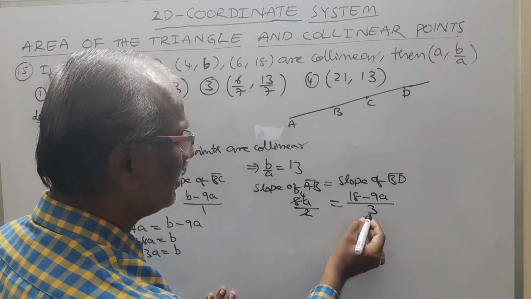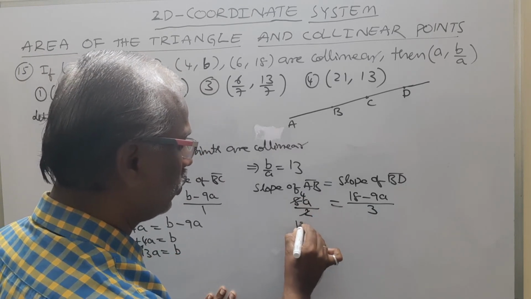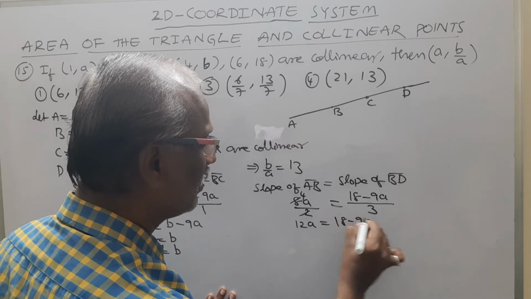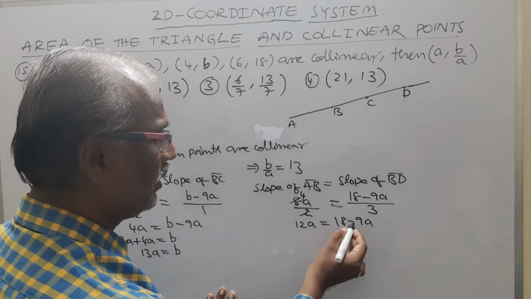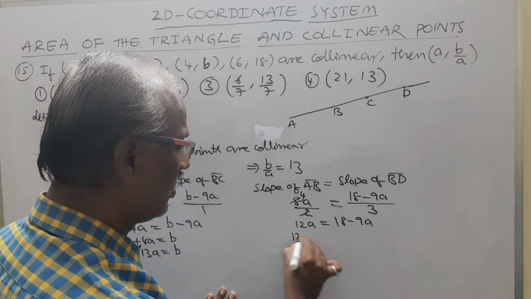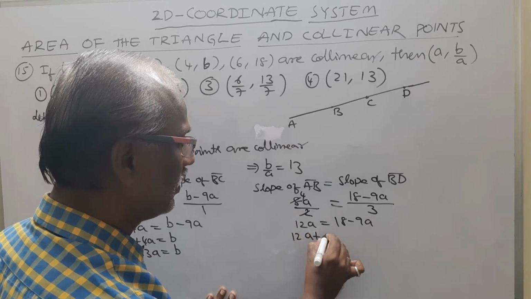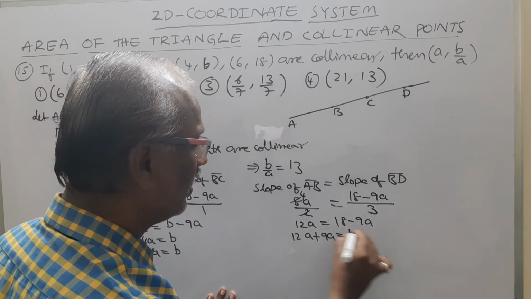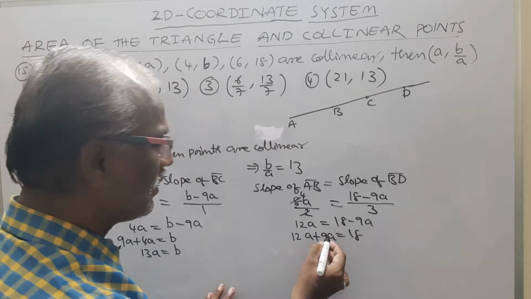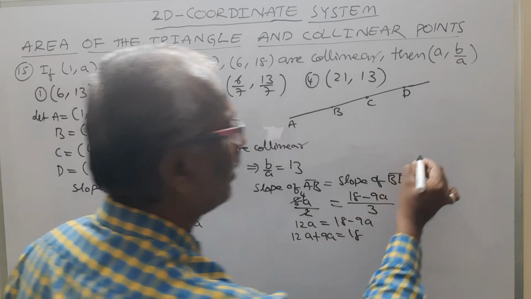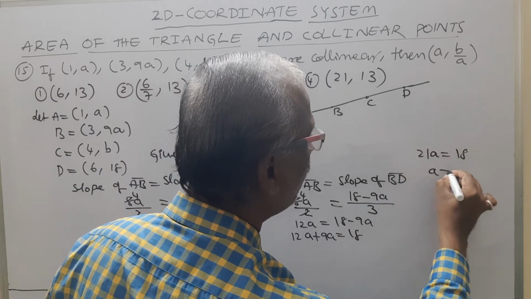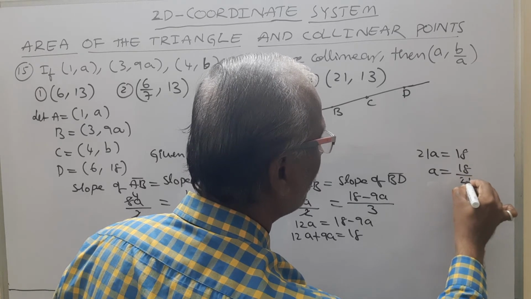Cross multiply with 3, 3 fours are 12a. 12a is equal to 18 minus 9a. Minus 9a will become plus 9a. 12a plus 9a equal to 18. 12a plus 9a, 21a. 21a equal to 18.